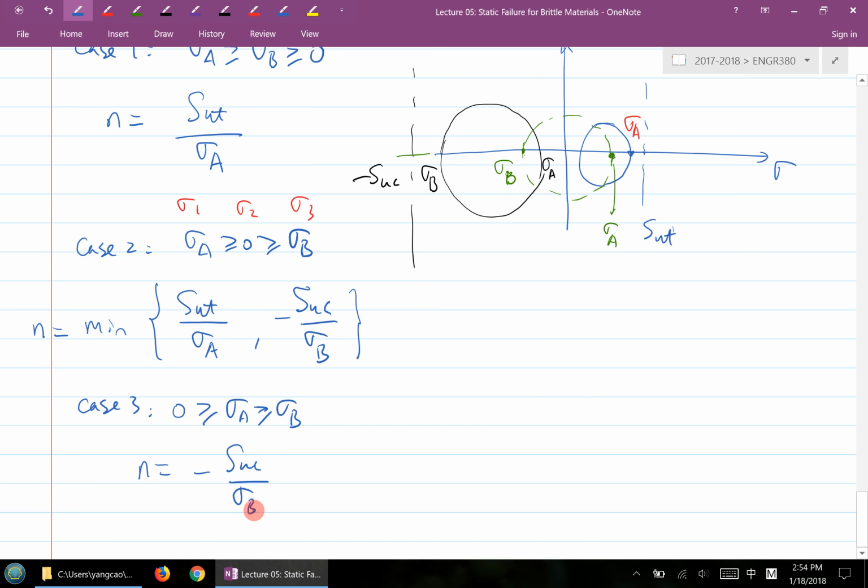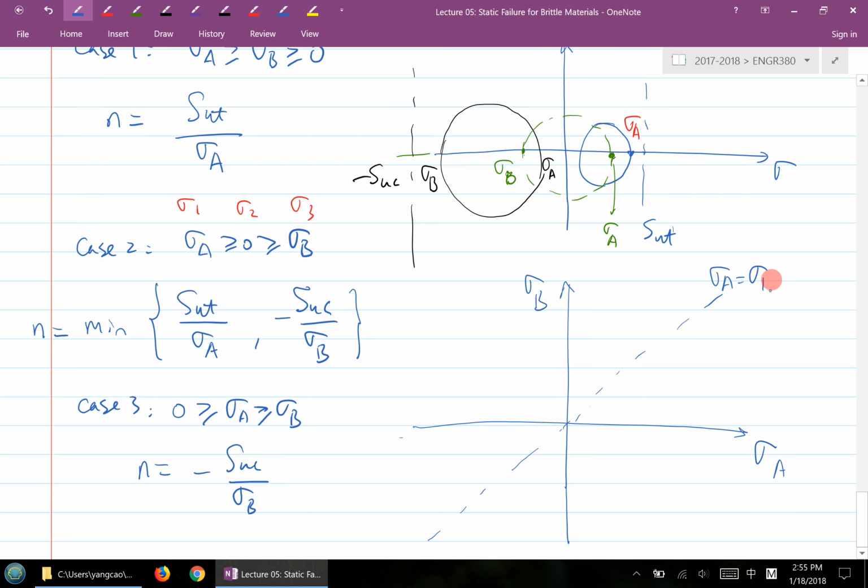That's the 3 cases. And we can summarize the 3 cases using that diagram as we always do. So you plot on the sigma A and sigma B plane. And here is your 45-degree line.